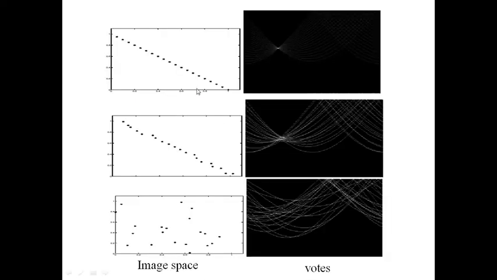The same thing you can see: all these points have a tendency to join as a line. So this entire line is mapped to a point in the parameter space, as I have said. This is my point here. For every point on this line there is a sinusoid in the parameter space, like this, like this, like this.